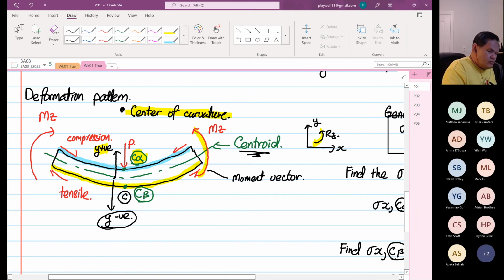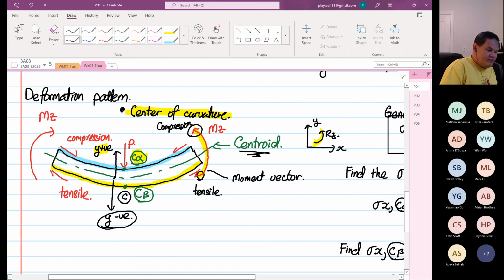By looking at the moment vector, the head of the moment vector is always under what? Compression. The tail end of the moment vector is always under tensile. You can see that, and that's true.